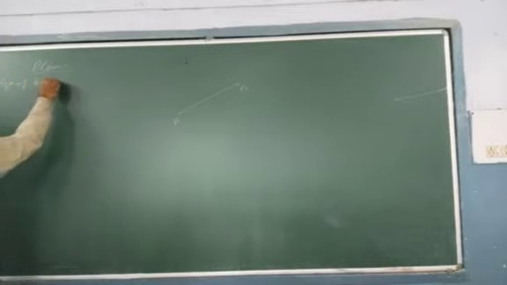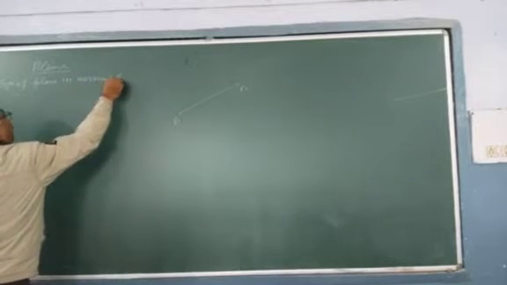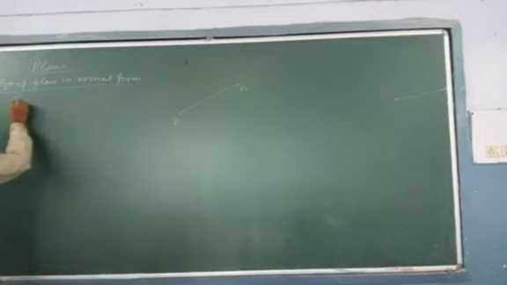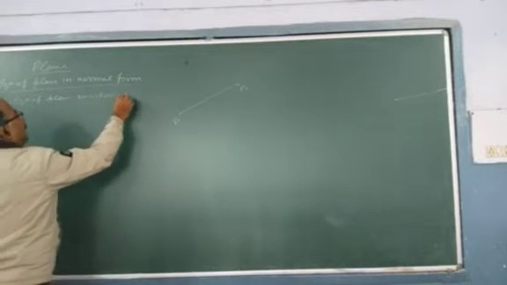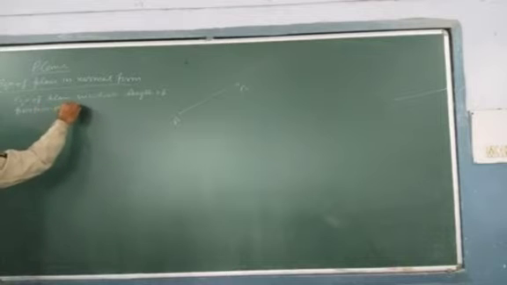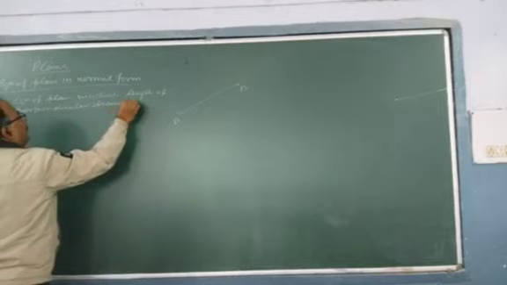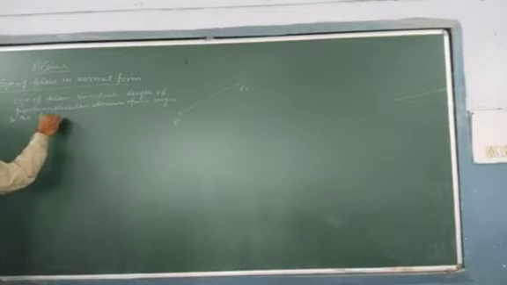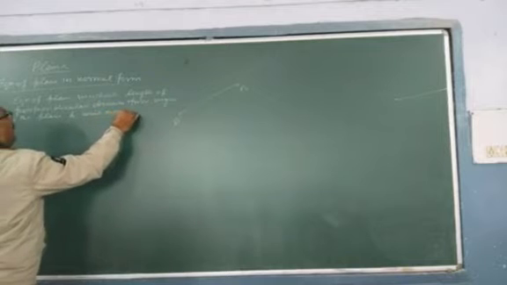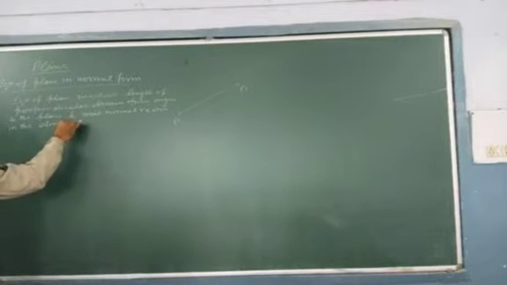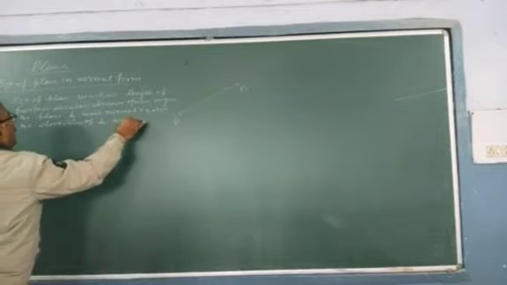Equation of a plane in which the length of the perpendicular drawn from the origin to the plane and the unit normal vector in the direction of the perpendicular are given.